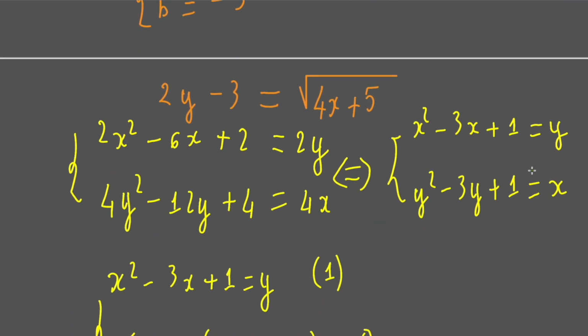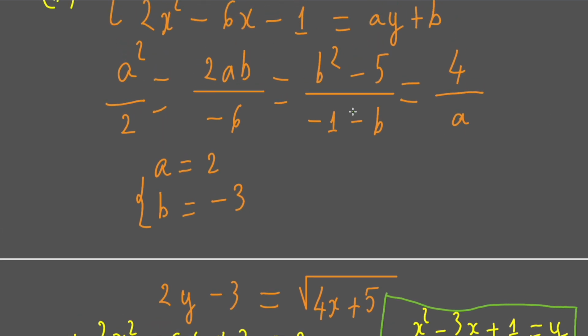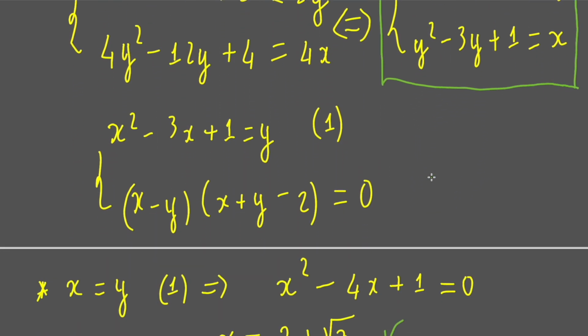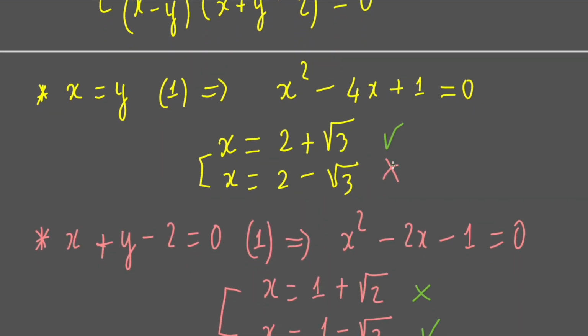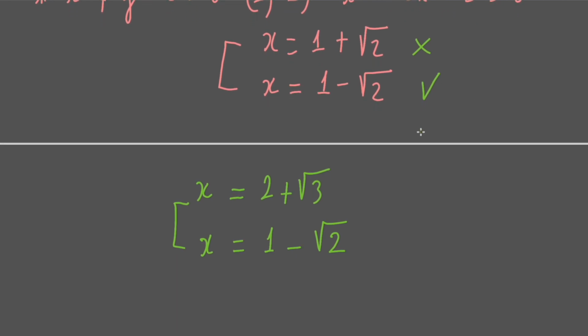Then we have this very common form of system of equations. That's the reason I put the substitution this way and find the values of a and b. Then you find the roots based on the quadratic equation, and just check the condition against the root values. Finally, you have the result of the problem.